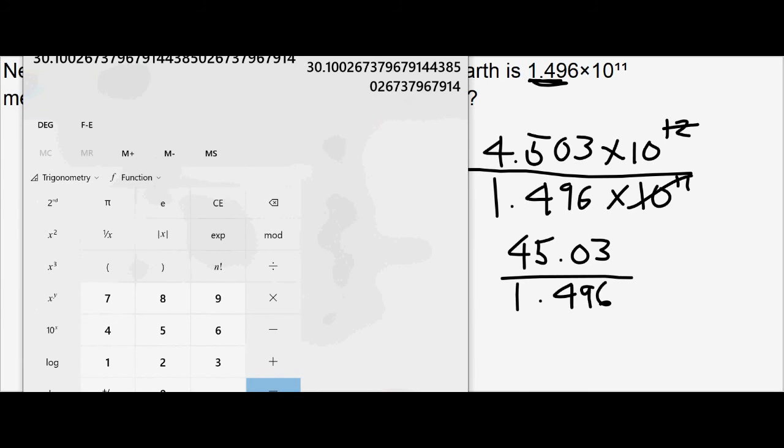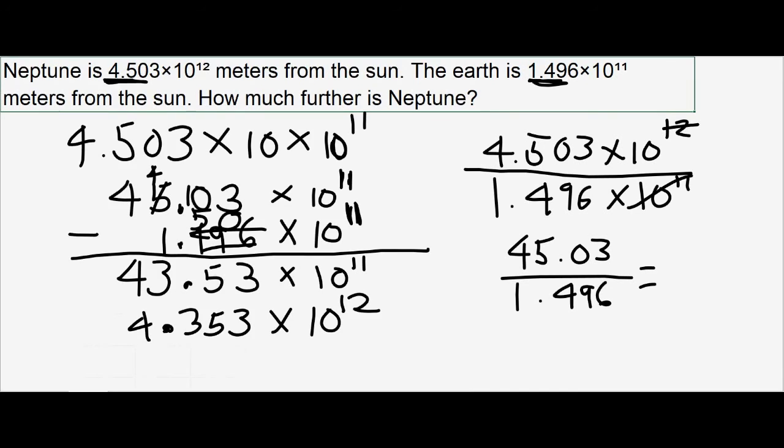So I want 4 significant digits in my answer. So I'm going to take 30.10. And AU is the abbreviation for astronomical units.